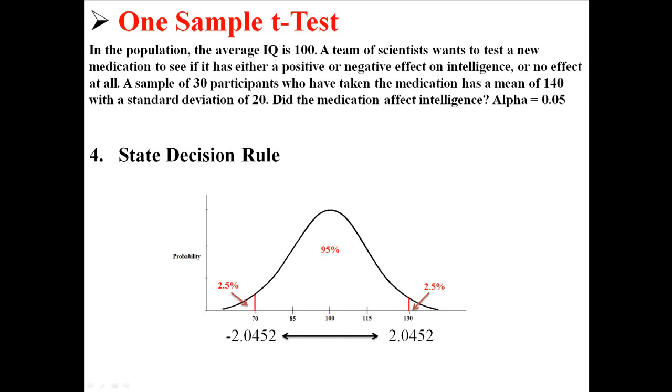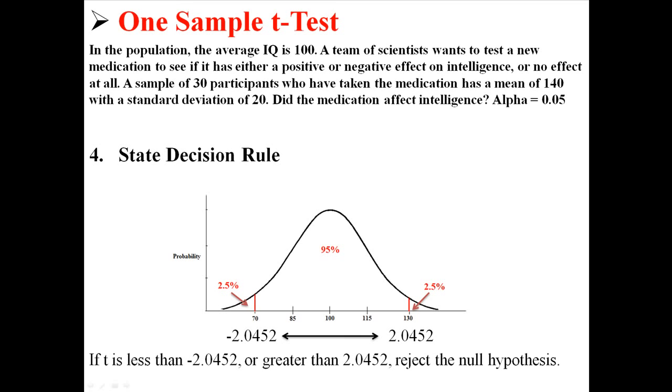We would expect most values we calculate to fall within negative 2.04 and positive 2.04. If it falls outside of that range, we're going to conclude that our sample is different from the expected population. So now our decision rule is, if t is less than negative 2.04 or greater than positive 2.04, we're going to reject the null hypothesis.